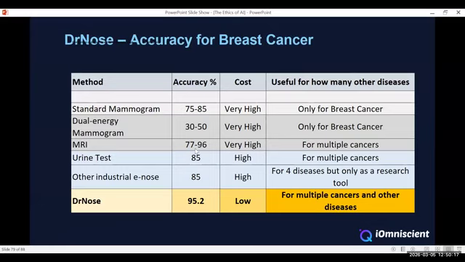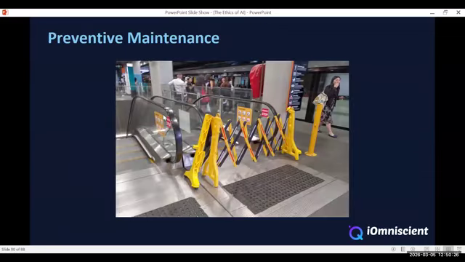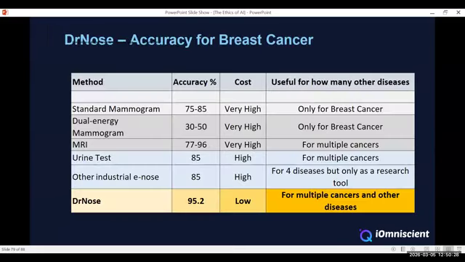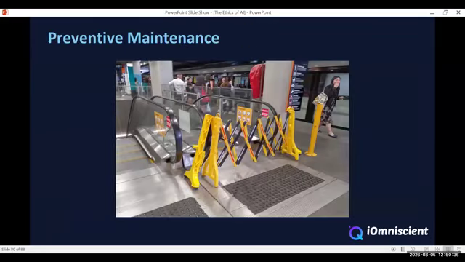Like MRIs, accuracy can be 77%. Mammograms are up to 85%. This system gives you an accuracy of up to 95.2%. So it's more accurate than the traditional methods. It's less expensive, less intrusive. That's the value of AI.